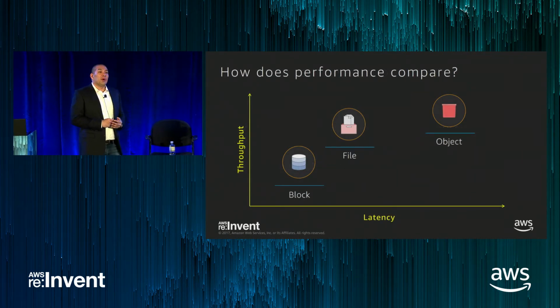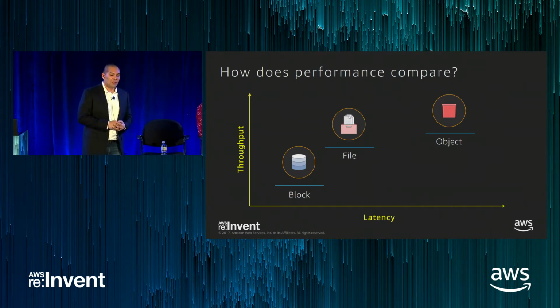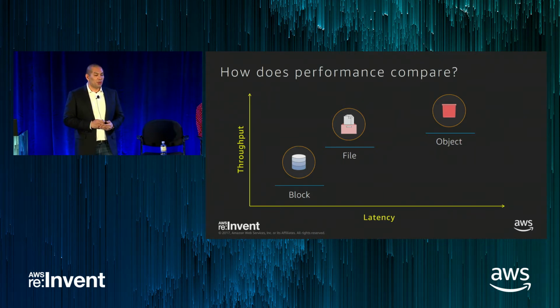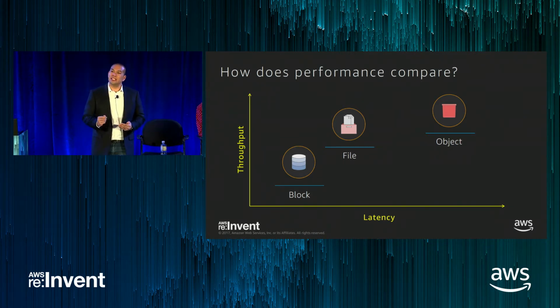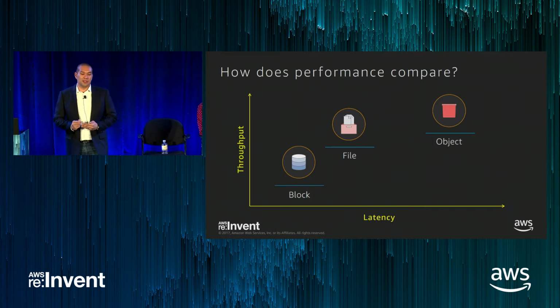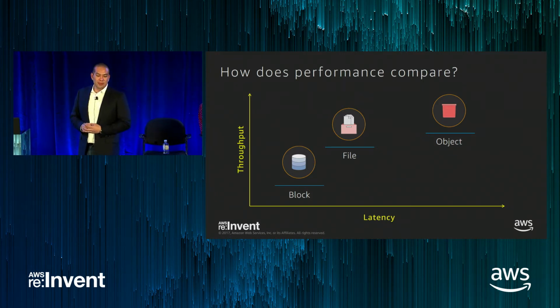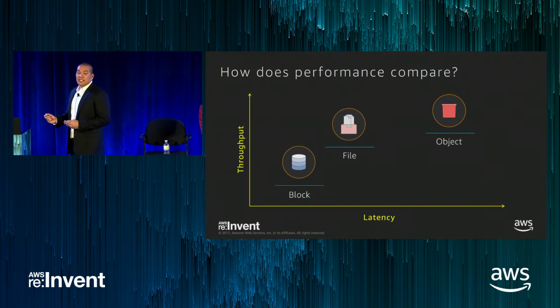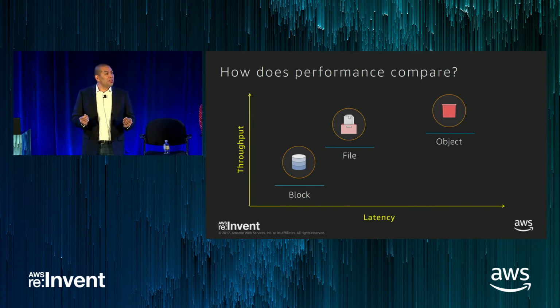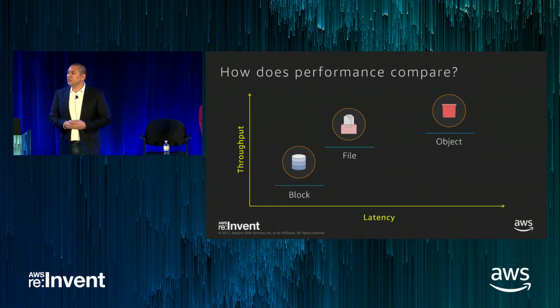Now, another aspect you want to consider when comparing the various storage types is the performance of those options. So with block storage, it's generally the lowest latency storage type, but it doesn't necessarily scale to the throughput levels of file and object. Block storage is ideal, for example, for database applications that are typically latency sensitive and commonly that database is run on a single computer.